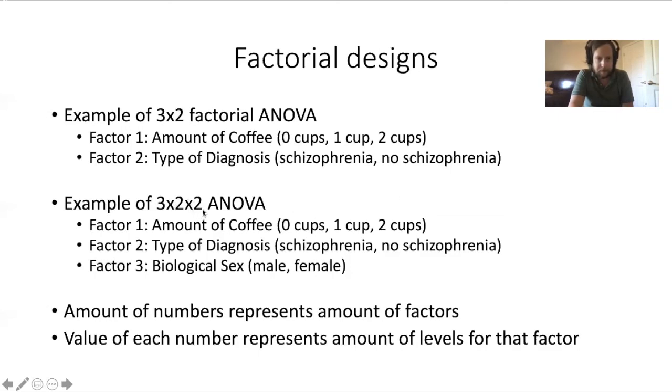And factor number 3 also has 2 levels, biological sex, whether you're a man or whether you're a woman. So these are made up examples. This is the type of study that could definitely exist. Here are just the rules that I was just saying. The amount of numbers represents the amount of factors, and the value of each of those numbers is the amount of levels that compose that factor.